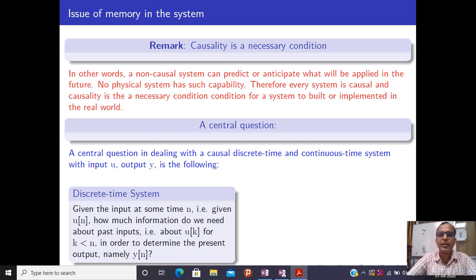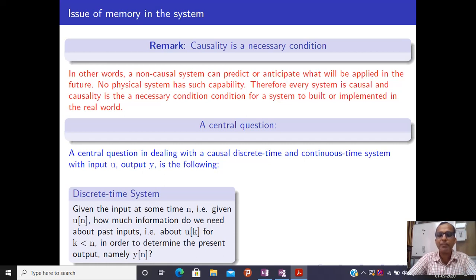So given the input at some time n, how much information do we need about past input, that is about u_k for k less than n, in order to determine the present output? What we have seen is that whenever we have a system with memory, I have to know the past effect of the input in order to predict the output.